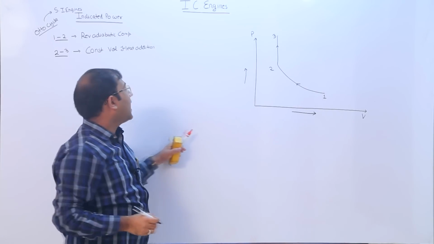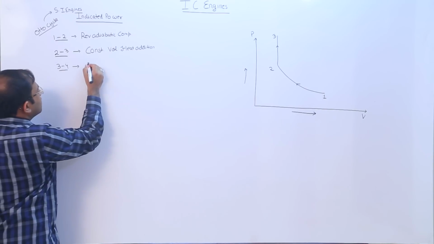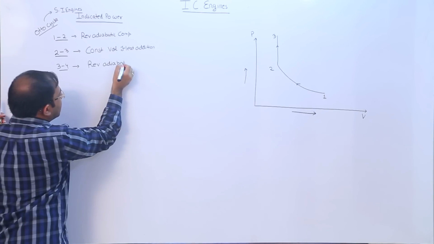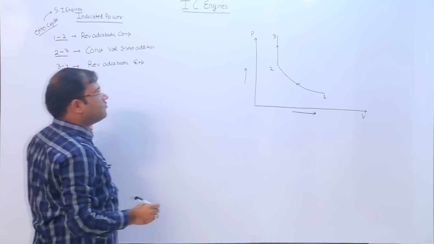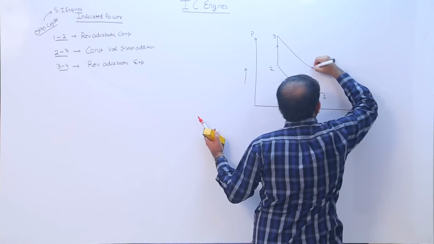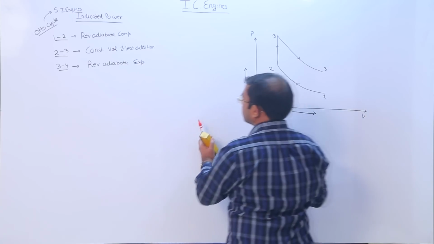And the next process is reversible adiabatic expansion, and if we plot expansion, it will be something like this, 3 to 4.